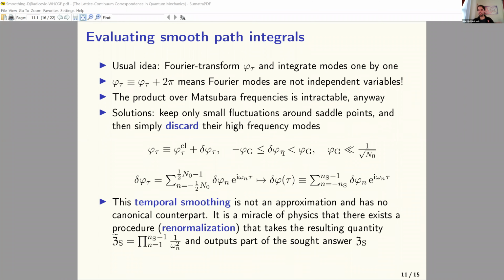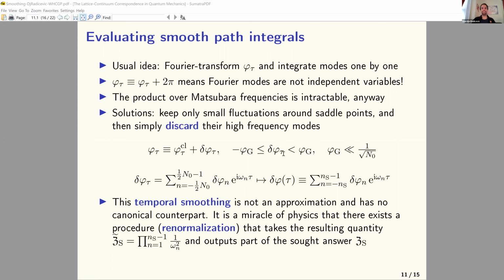So here is the standard solution to this problem, of which the end result is familiar to absolutely everyone who's done quantum field theory, but the lattice origin is a bit less familiar, I would say, or completely unknown. The first thing you can do, which is a controlled approximation, is to just notice that the path integral is only dominated by configurations near saddle points.